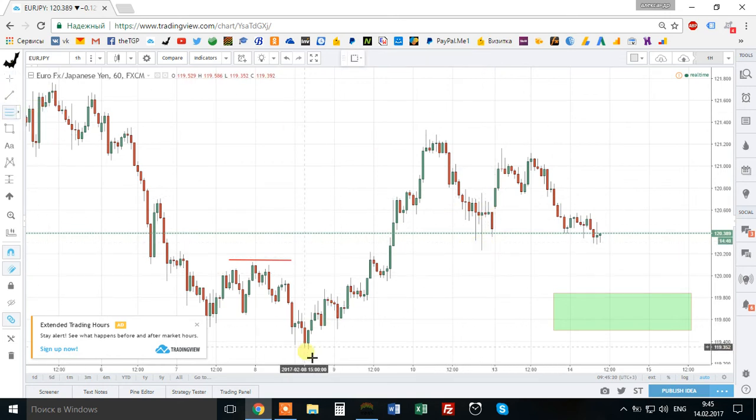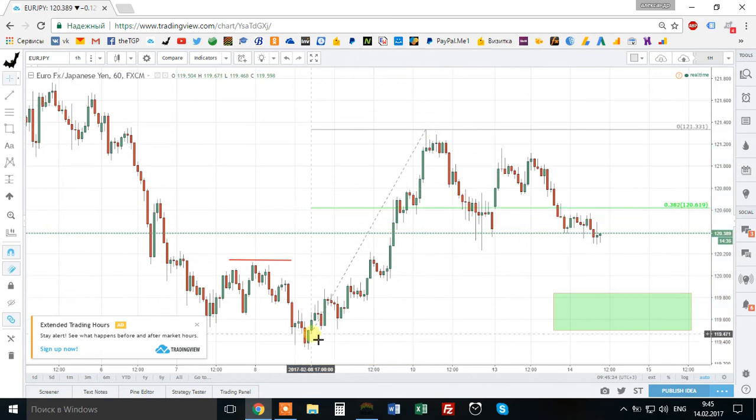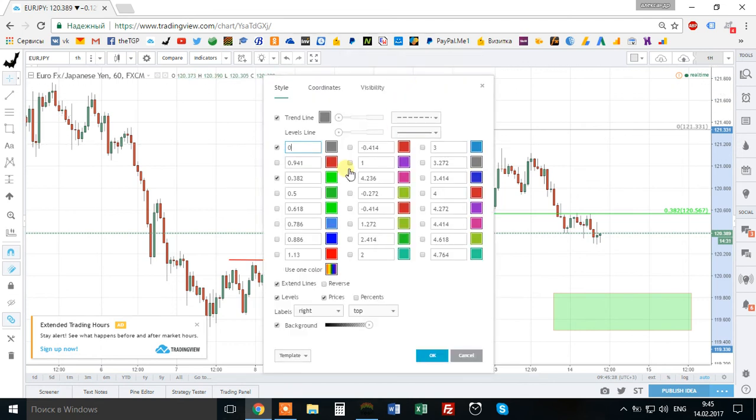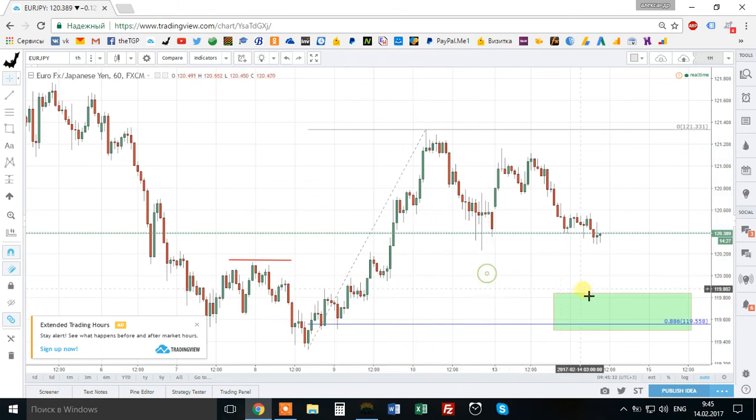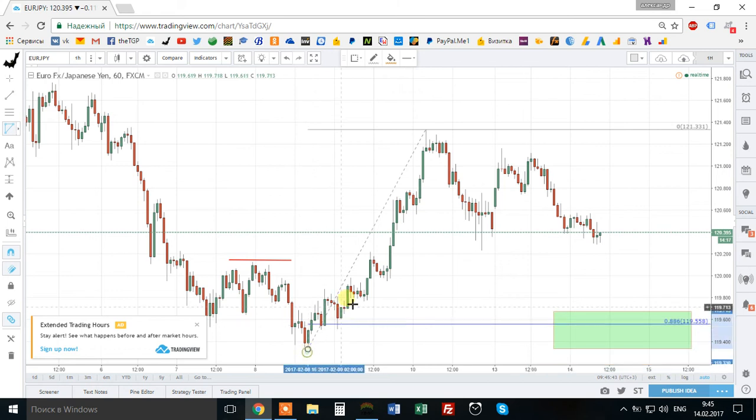If these two criteria are met, then we stretch our fibs once again, measure our XA leg, and enable 886 retracement. So with this 886 retracement, we have a completion of the pattern, and this pattern is called a bad advanced formation.